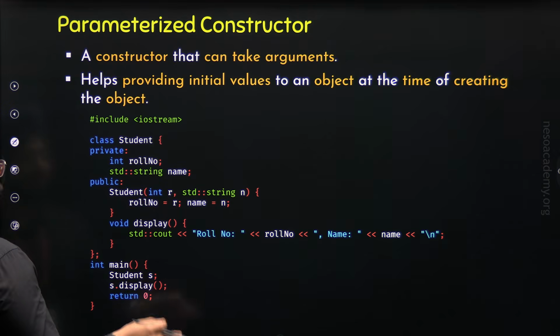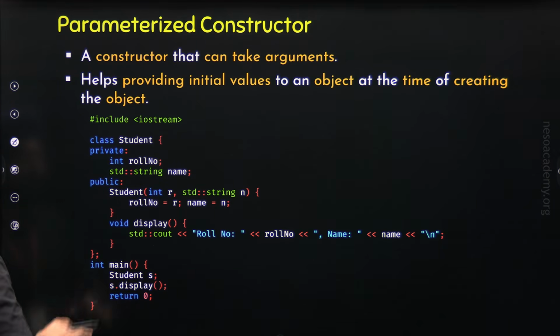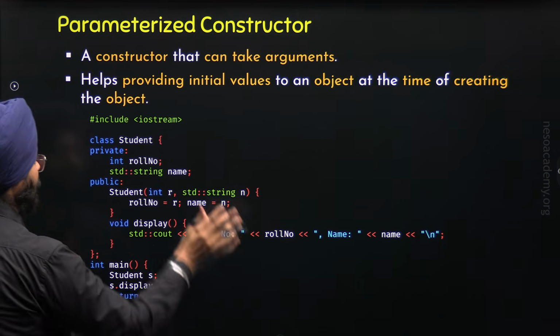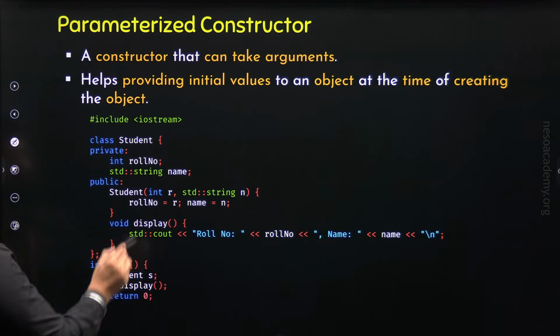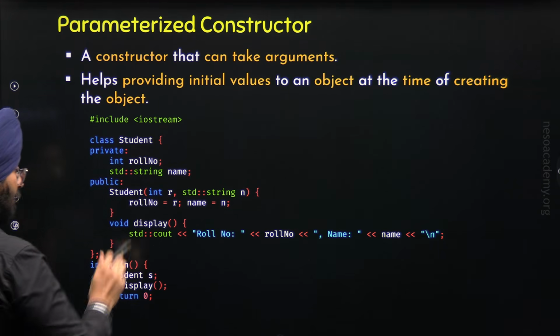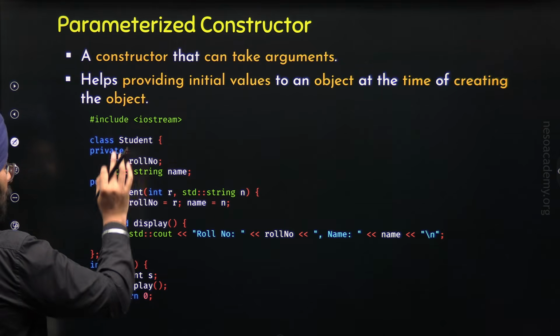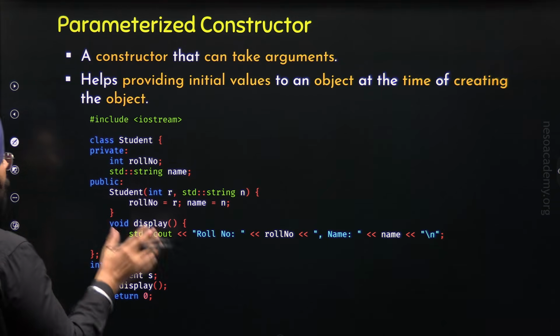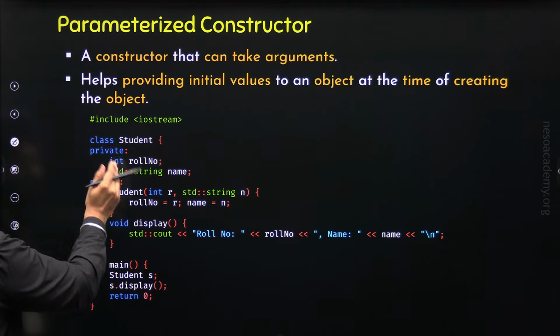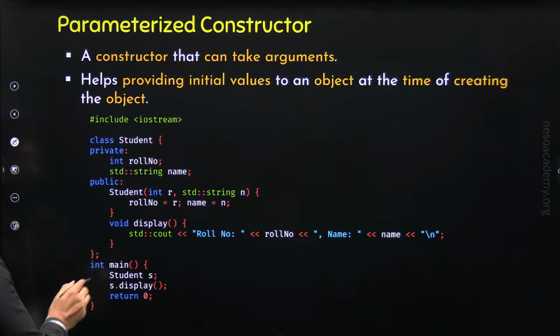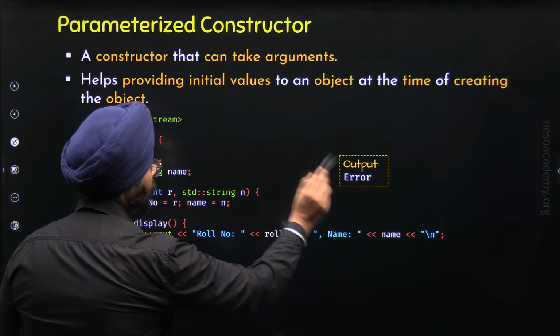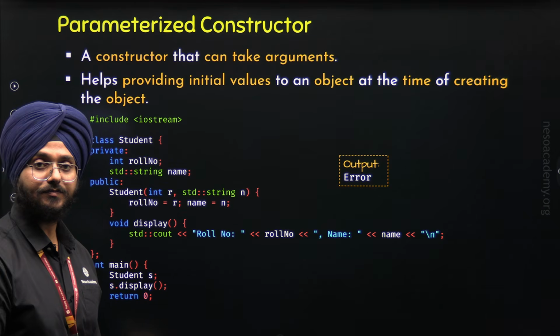Default constructor is provided by the compiler when there is no constructor in the class. But we have the parameterized constructor. Therefore, the default constructor will not be provided by the compiler. As there is no default constructor, therefore, we will get error from the compiler.